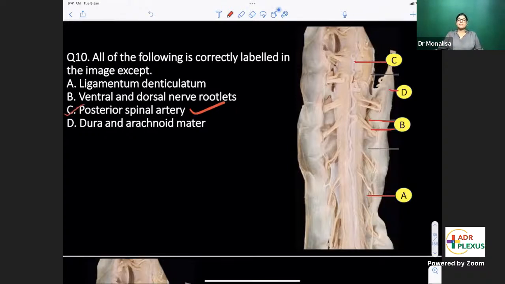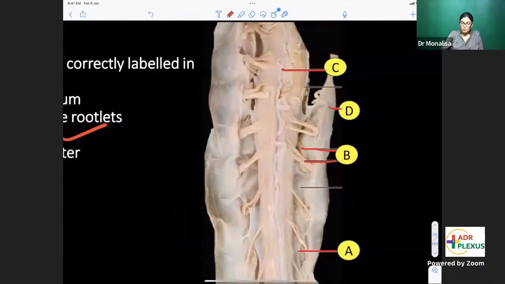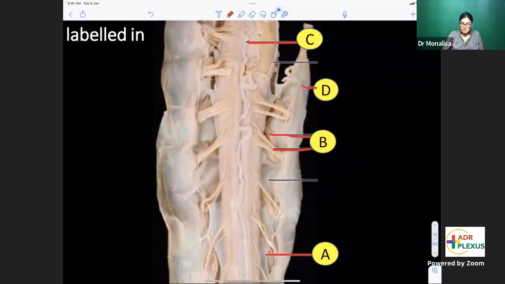Actually, C is not posterior spinal artery. It is anterior spinal artery. See here, this is the image which has been shown to you. If you want, I can enlarge this image.